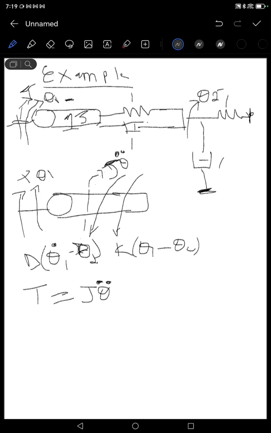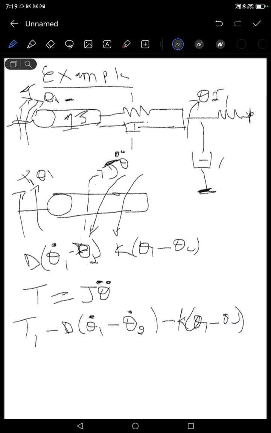Okay, so we're going to have the torque, which is going clockwise. So it's gonna be torque, let's say it's T1, okay? So we're gonna have T1, and then we're gonna have minus what? Damper, minus D into theta 1 dot minus theta 2 dot, okay. Even this spring is opposing, so it's going to be minus K into theta 1 minus theta 2, okay.